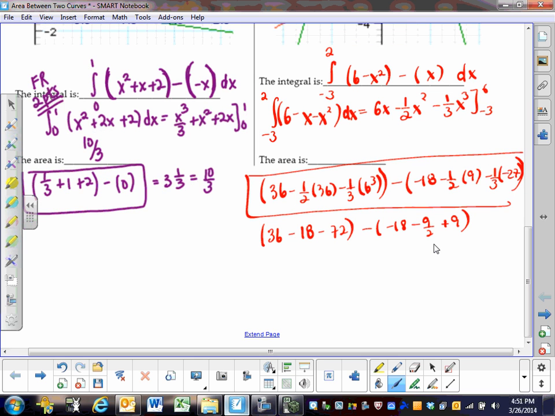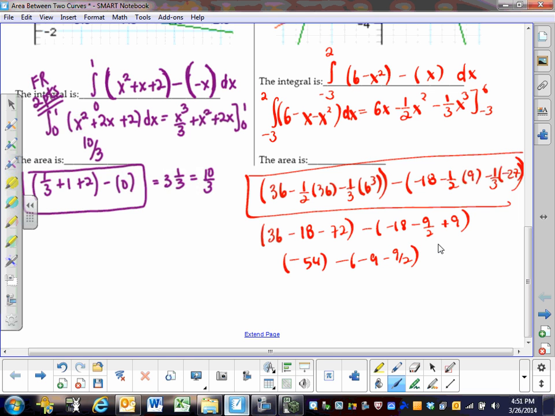So I would have on here negative 54 minus negative 9 minus 9 halves.